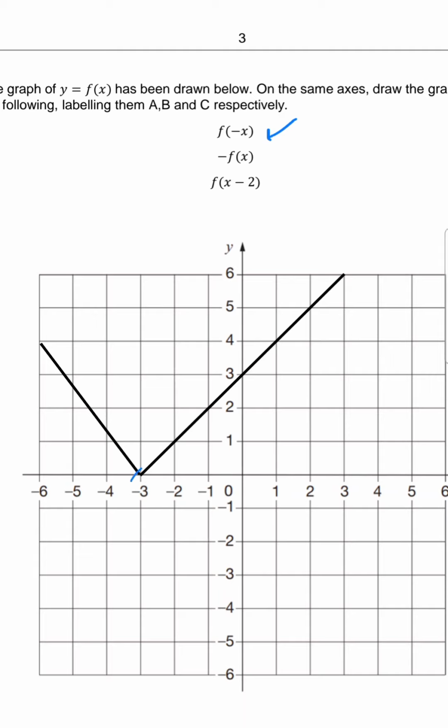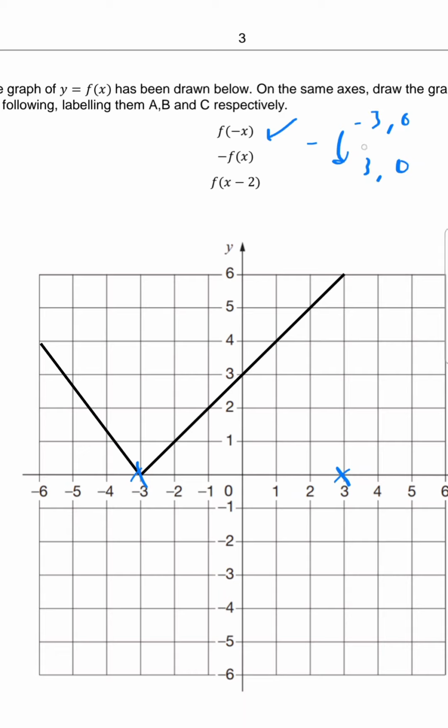So let's look at this point here. So we got minus 3, 0. So this is the exception to the rule. It's on the inside, but it doesn't do the inverse. So if it's minus, it's just minus. So negative and negative makes 3, 0. That's the only exception to the rule. So 3, 0.